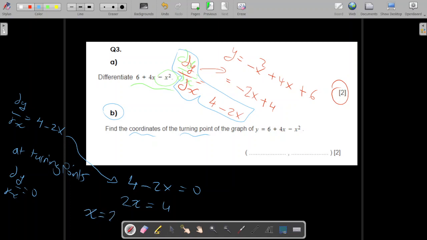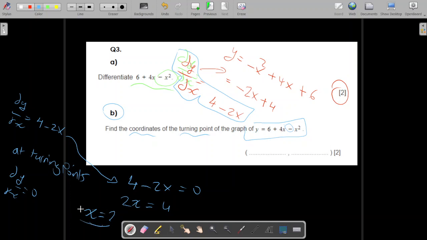So you're dealing with a quadratic here, and this is a negative, which means that it's less than 0. It means that we're talking about a maximum point here, a peak. So x is equal to 2 here.